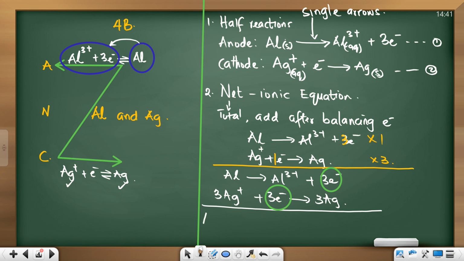Great. All I need to do is write Al plus 3Ag+, everything on the left, to the left. Arrow. What's on the right? Al3+ plus 3Ag. This is a solid, that is aqueous, that is aqueous, and that is a solid.